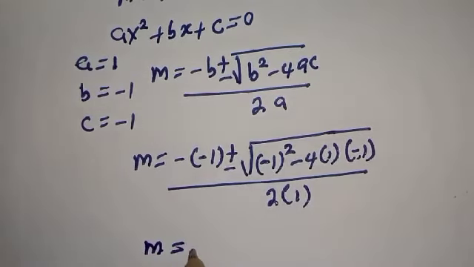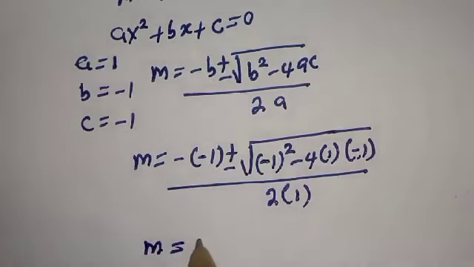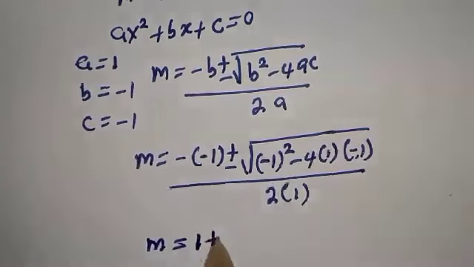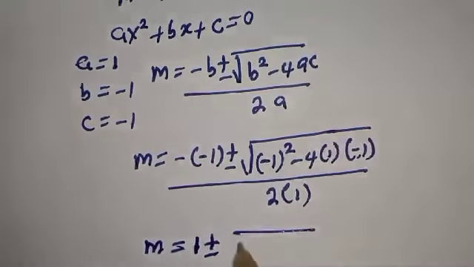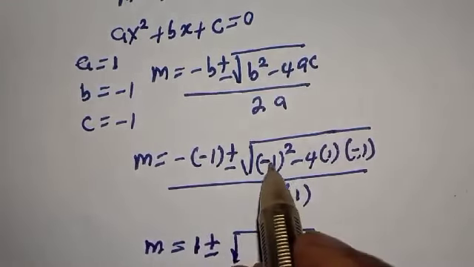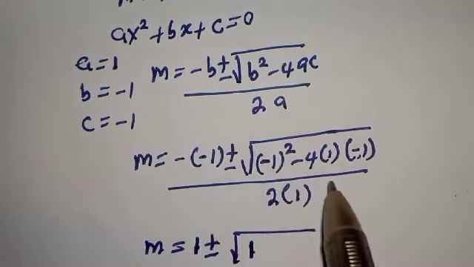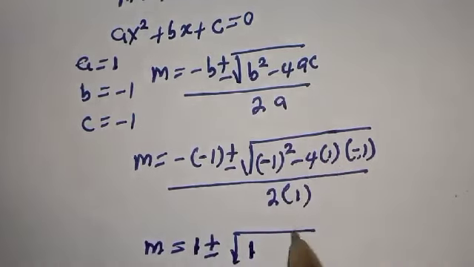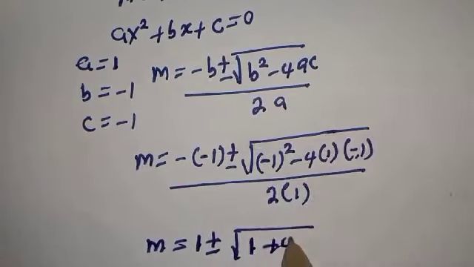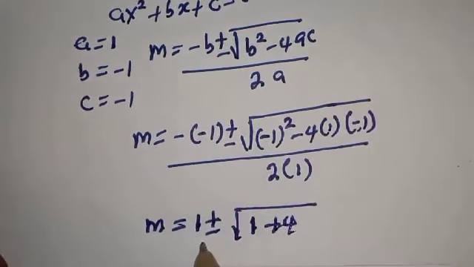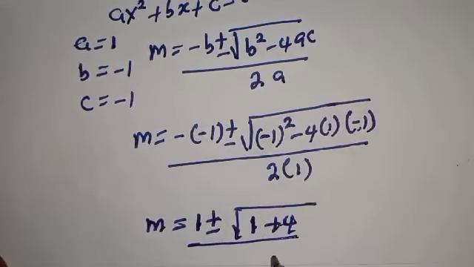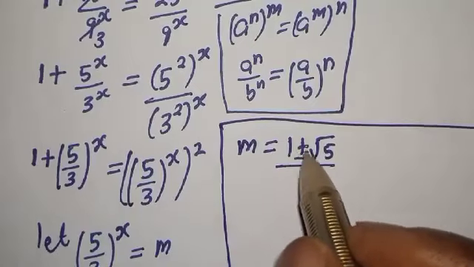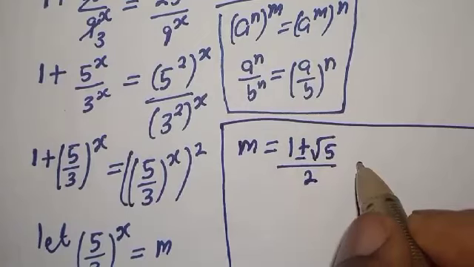m is equal to minus times minus 1, that is plus 1, plus or minus square root of minus 1 square, that is 1, minus 4 times 1 times minus 1, that is plus 4, over 2. m is equal to 1 plus or minus square root of 5 over 2.